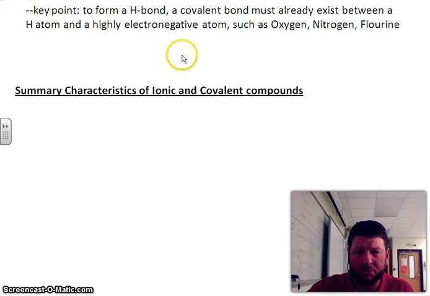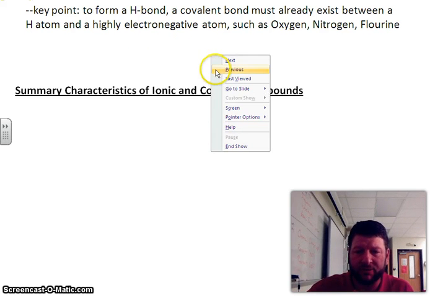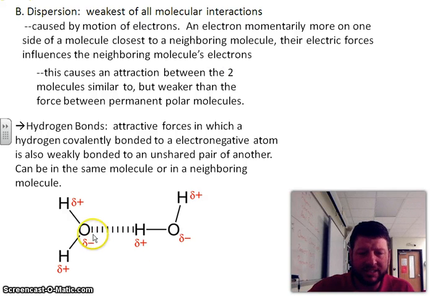Let's go back for just a second, and you can see that rule is followed there because that oxygen is one of those highly electronegative atoms that is attracted to the hydrogen.